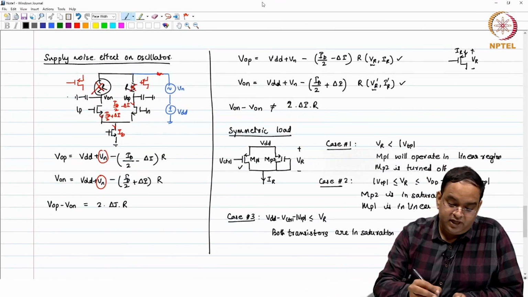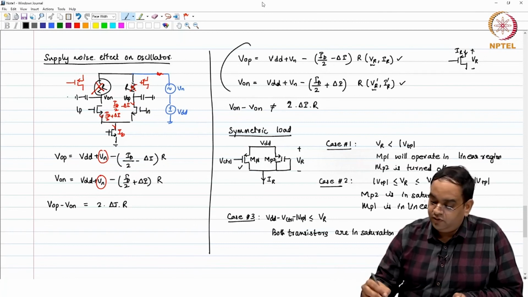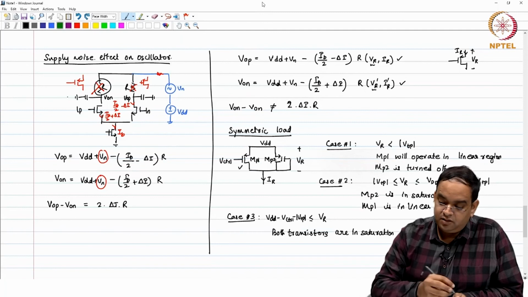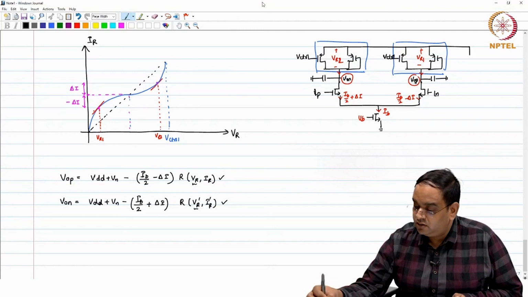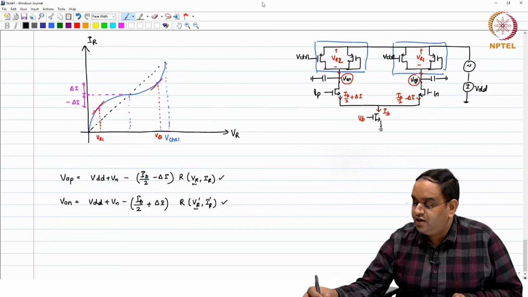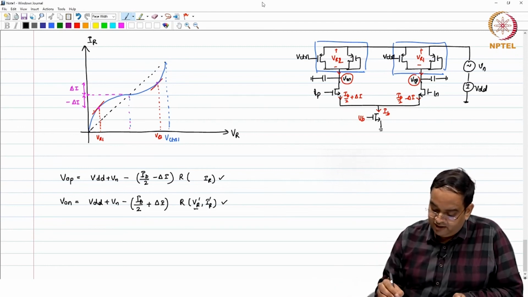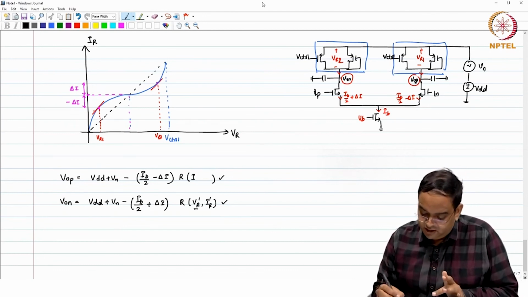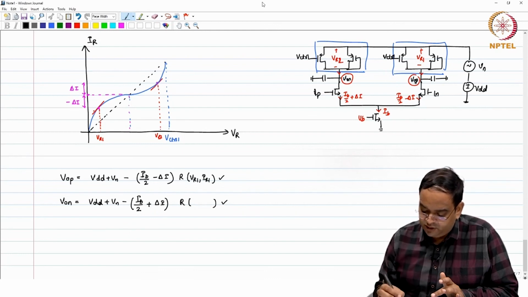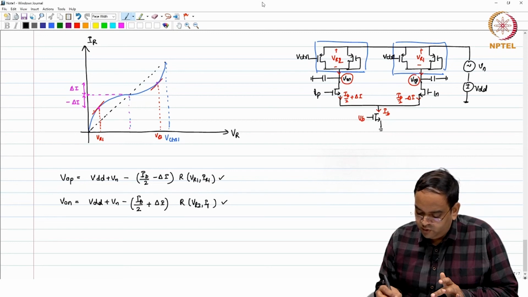So, I just need to rewrite these equations. When you have supply noise, this is VDD, this is Vn. So, what we have here is IB by 2 minus delta I, that is IR1 at VR1, and this is VR2 and IR2, right.